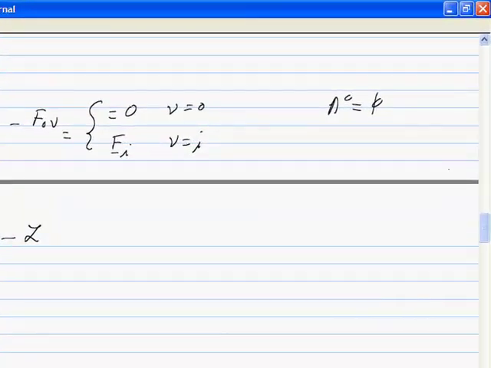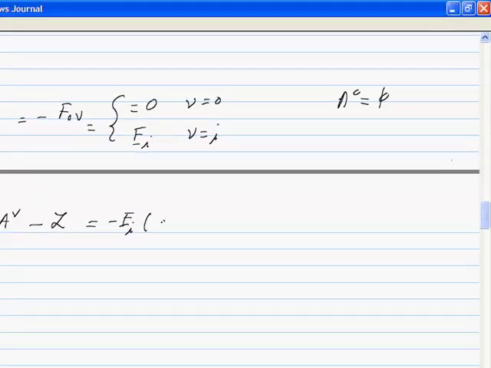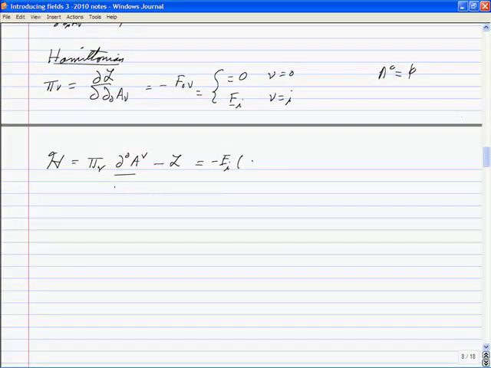That's equal to then, I have to get my signs right, minus E_i times d0 A_i.